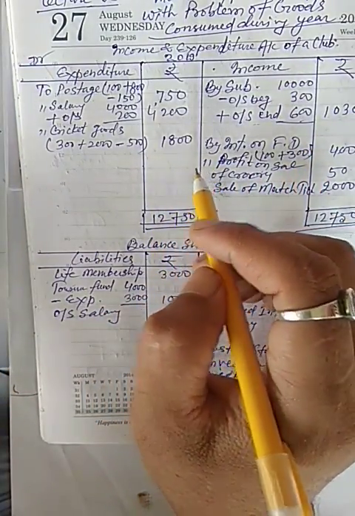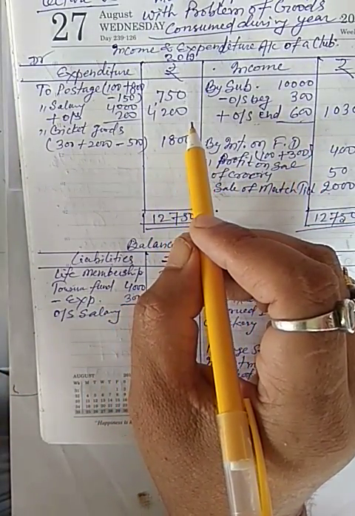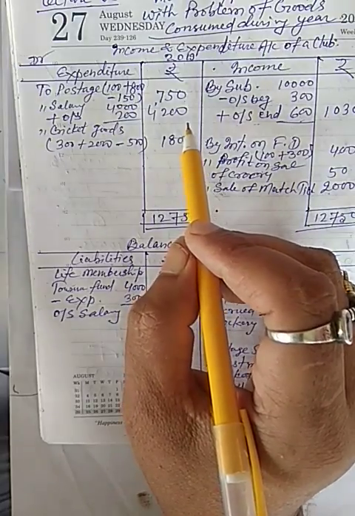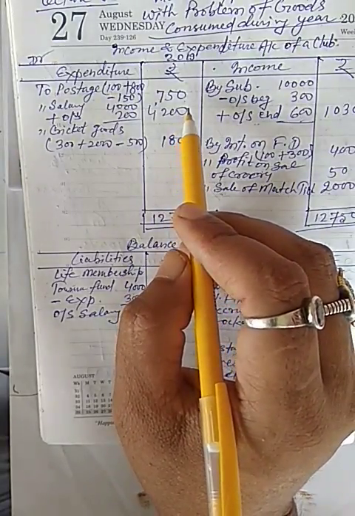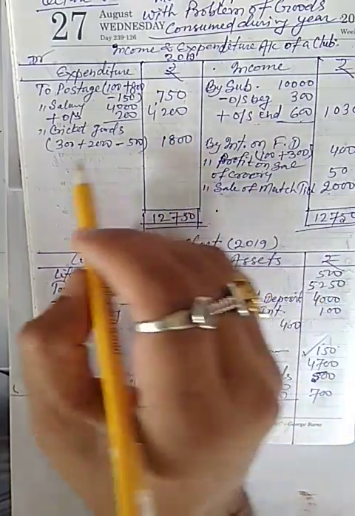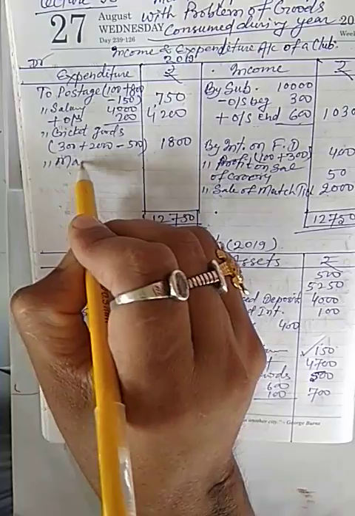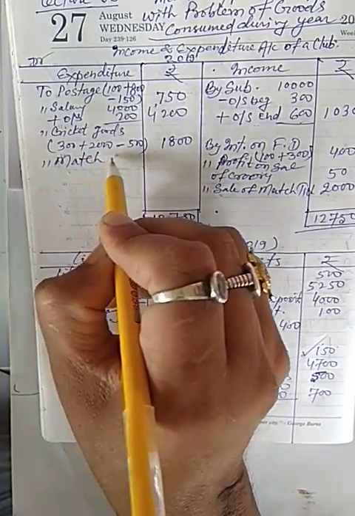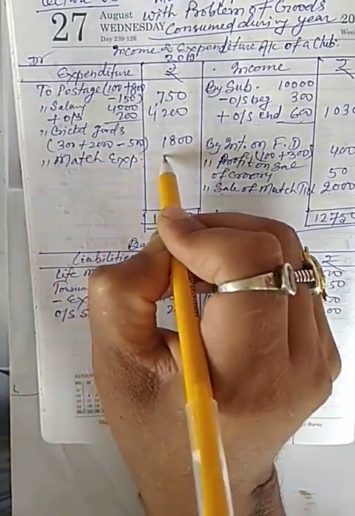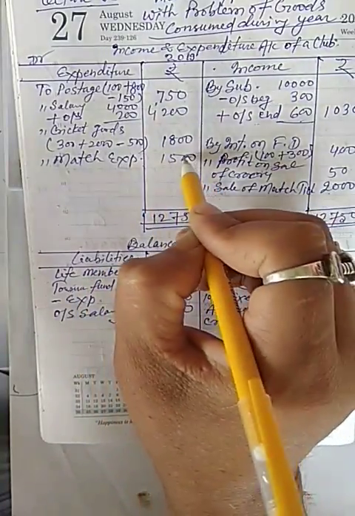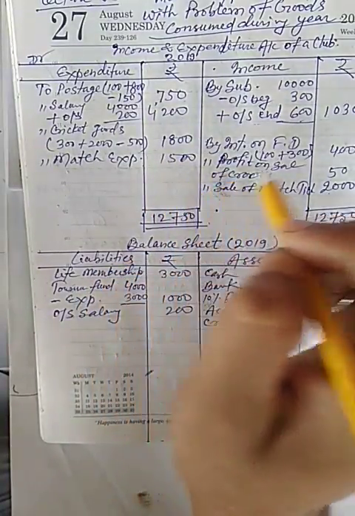Now one more item has been left, match expenses. Match expenses are given 1,500, so I forgot it.